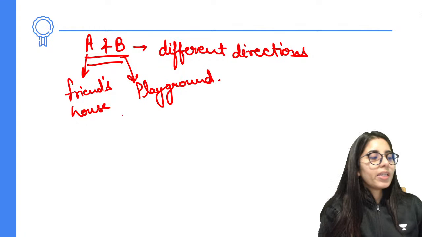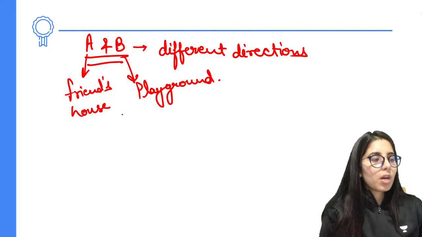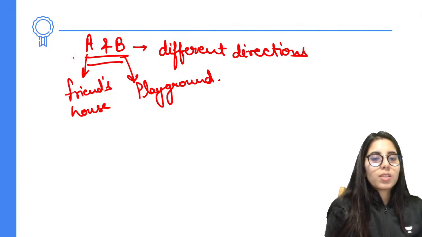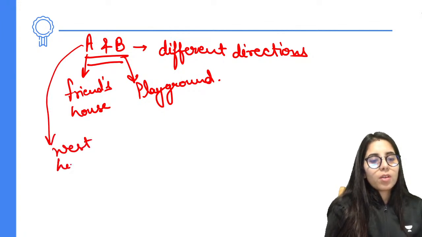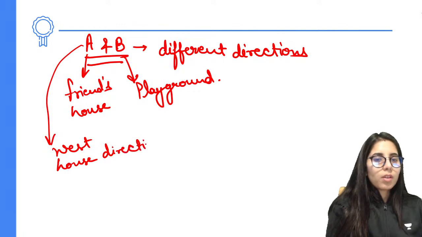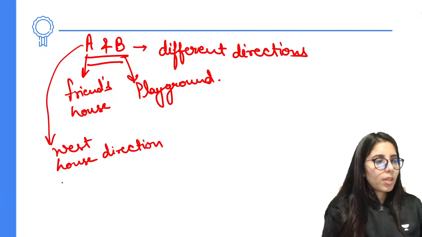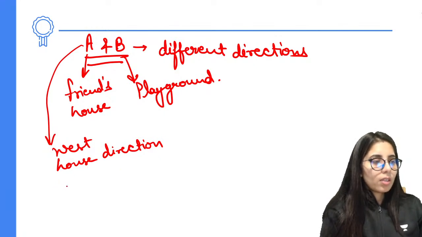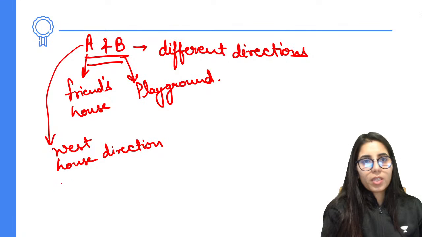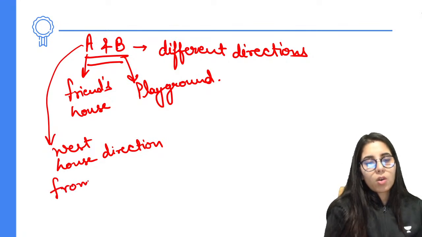Then A starts to walk in the west direction from his house. He traveled 3 kilometers before he takes a left turn.